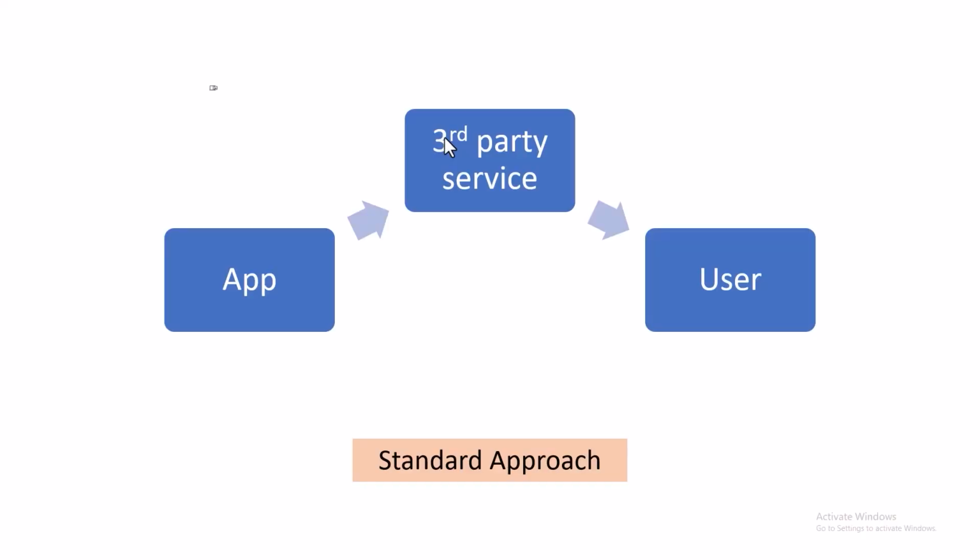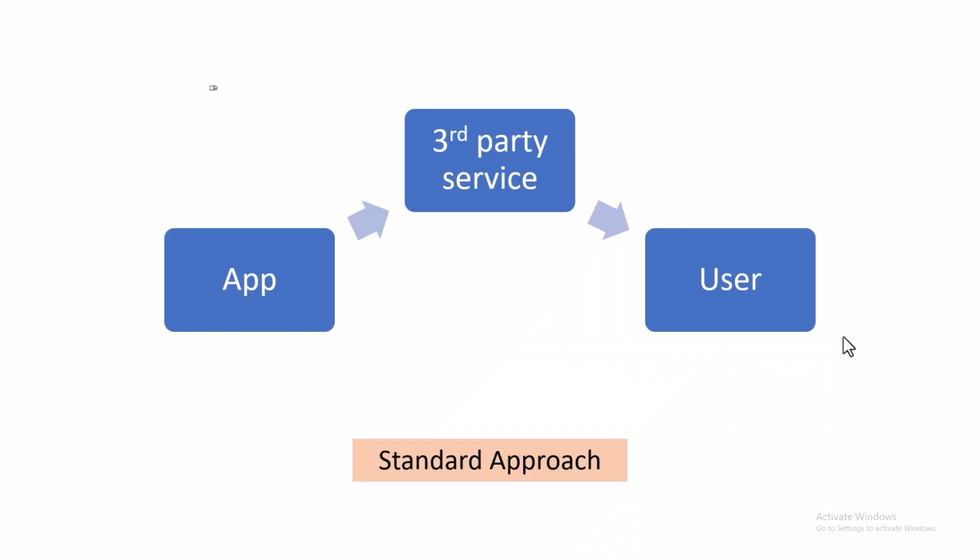I searched on Google and found some tools which can help me do that, but one tool I found very useful is SMSChef, which I am going to use in this video to implement the system. To summarize, the traditional way of sending SMS from an application involves the application, a third-party service, and your user.